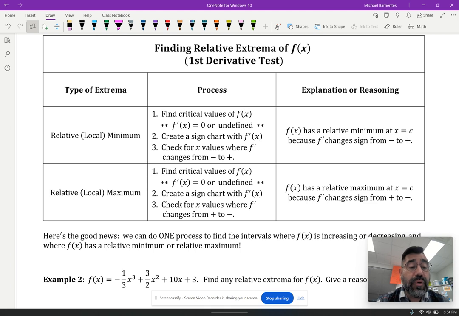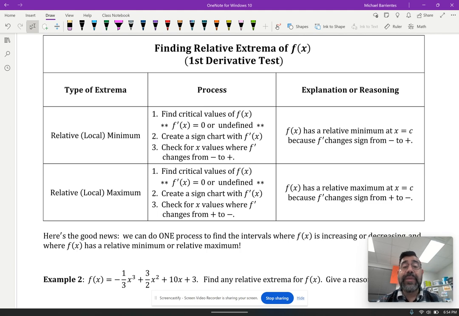When you're looking for relative or local minimums, we're going to create a process where we find the critical points. Remember, critical points are wherever the first derivative is equal to 0 or undefined. We're going to create a sign chart, which is kind of what we were doing before, and check for values where the derivative changes from negative to positive.